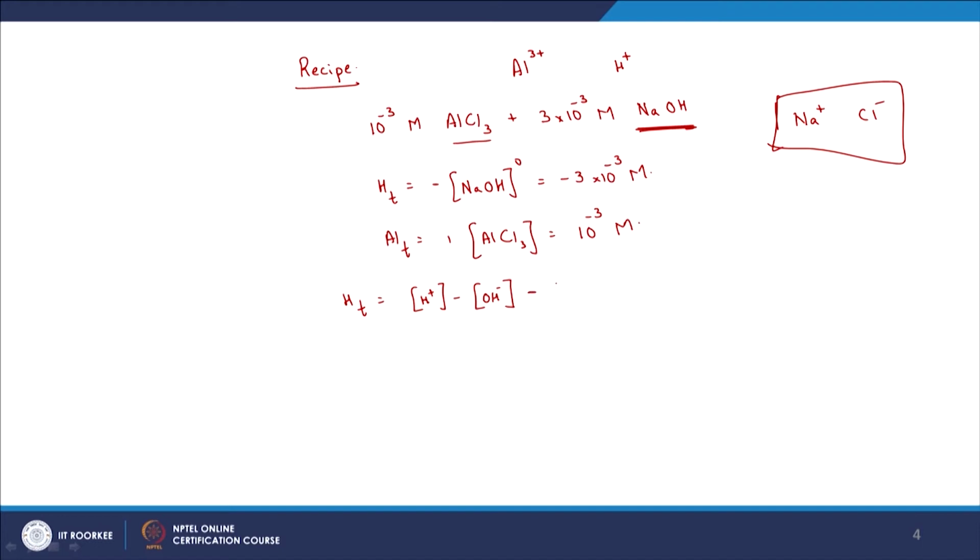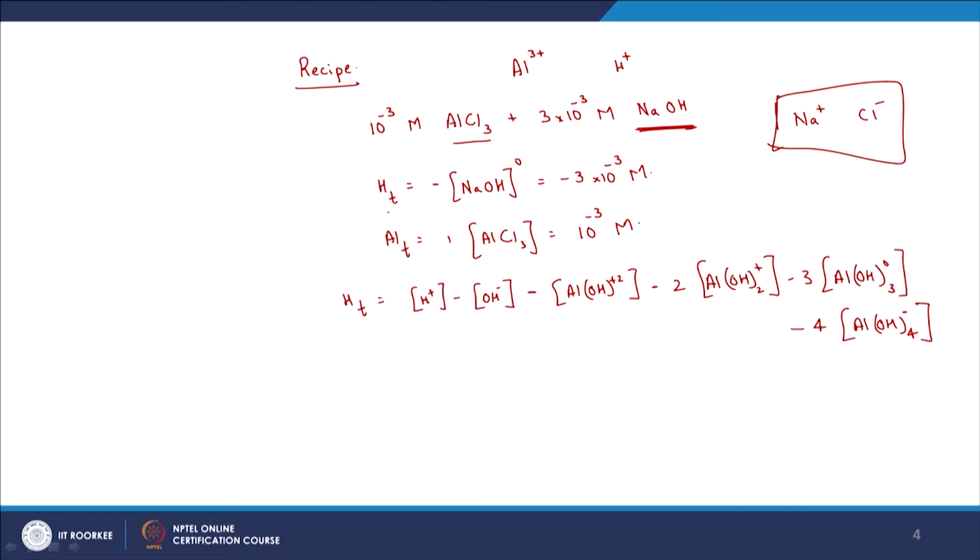And the equation I guess we have is minus AlOH2+, minus 2 times Al(OH)2+ (1 charge), minus 3 times Al(OH)3 (0 charge), minus 4 times Al(OH)4- (negative charge), right?